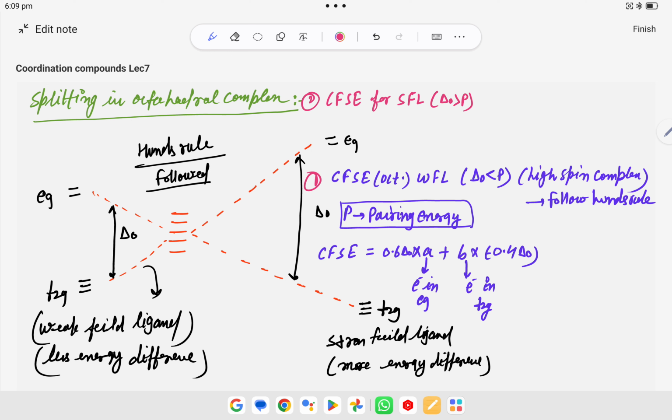Low spin complex does not follow Hund's rule. That is all about the octahedral complex. Okay.